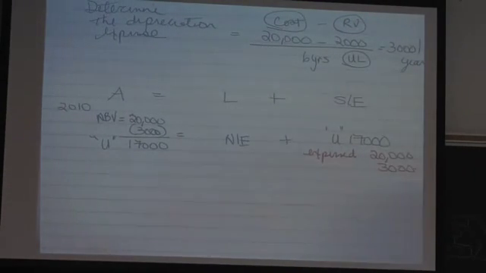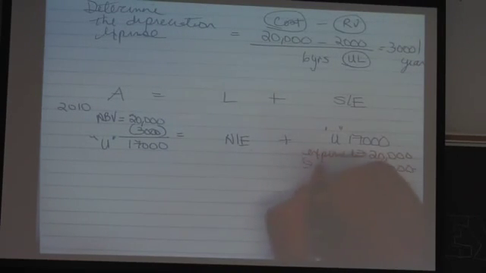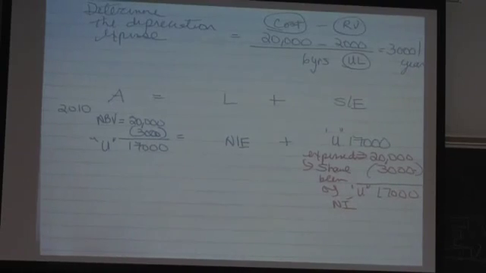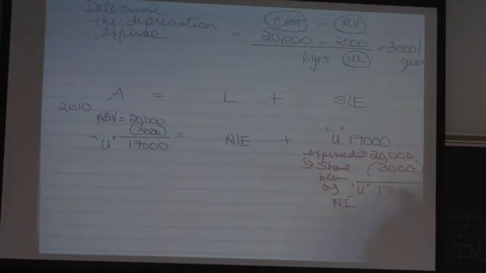So on income, we expensed 20, but it should have been only 3. So we know that our net income is understated by 17,000. If the net income is understated by 17,000, shareholders' equity is understated by 17,000.